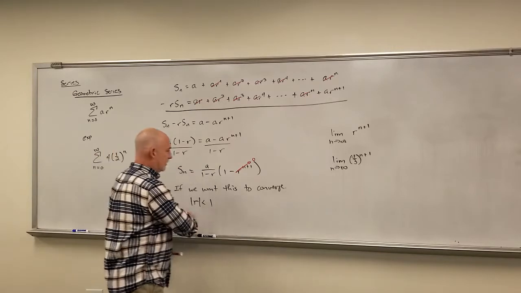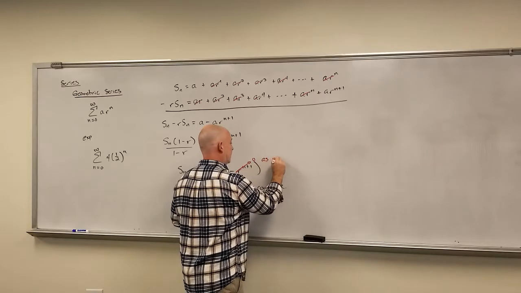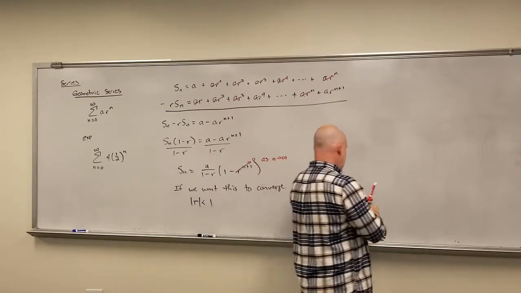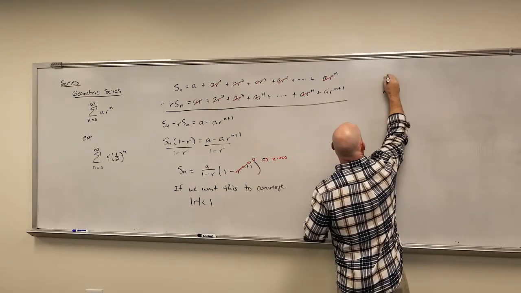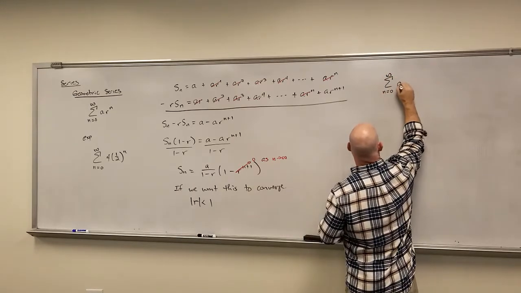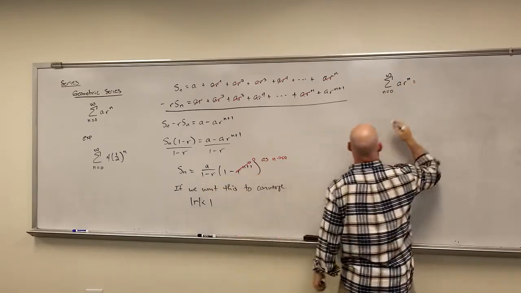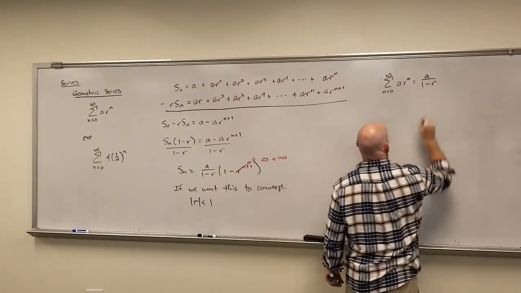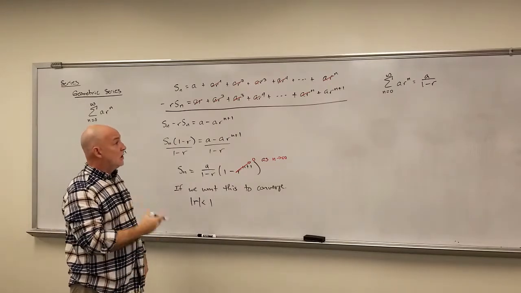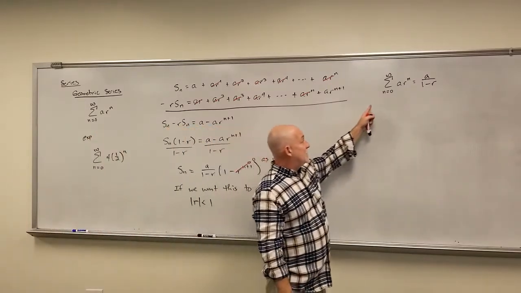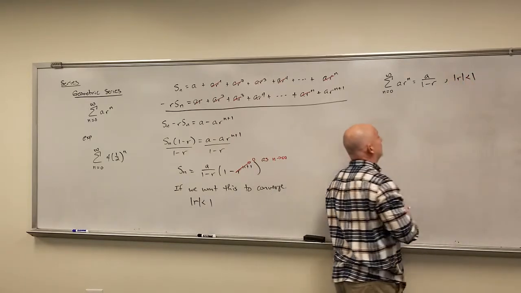And if that is 0, then as n goes to infinity, we can say this: the sum from n equals 0 to infinity of AR to the n is equal to, well, if that's 0, all we have is 1 times that, which is A over 1 minus R. So in this case, we actually know what this geometric series actually adds up to. Now, of course, this is only true if the absolute value of R is less than 1.